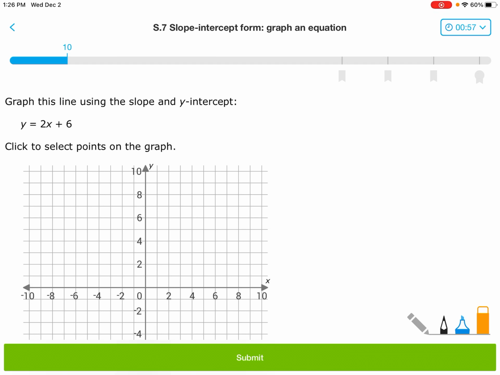Okay, so here we go again. First I start by graphing my y-intercept at 6. Then I'm going to use my slope, which was 2. That means 2/1, and it's positive. So up 2/1, place another point, and it will automatically generate your line.